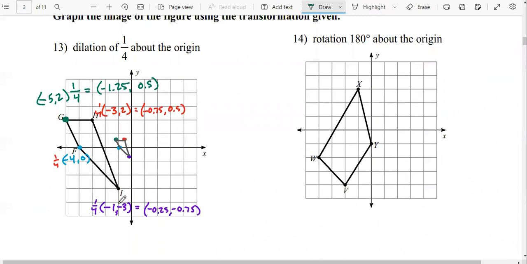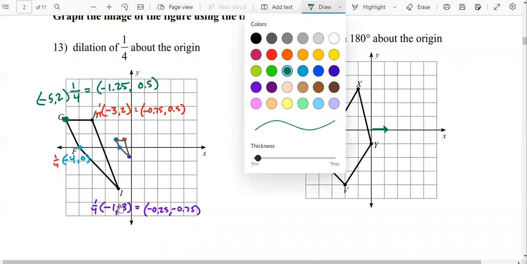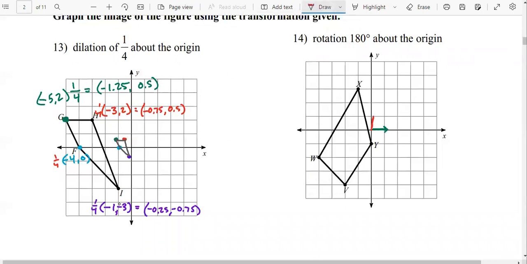All right, we did a dilation already. Now let's look at this, x, y, v, w. So this is -1, 3. I'm going to write the original points.